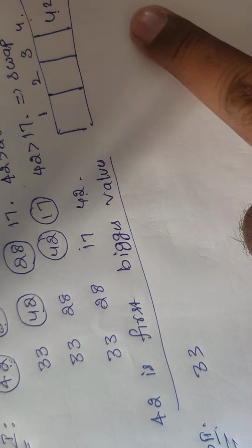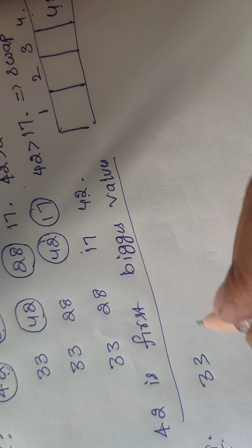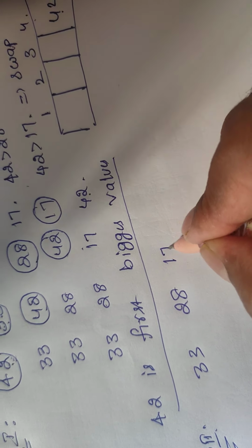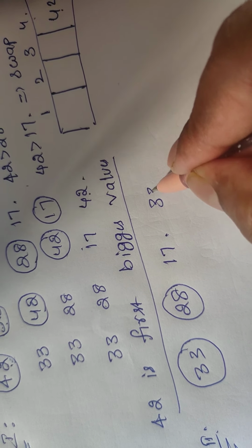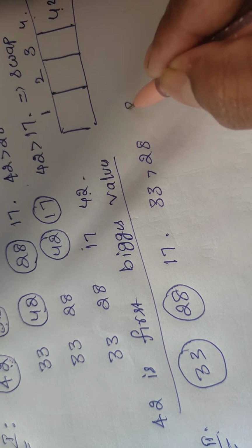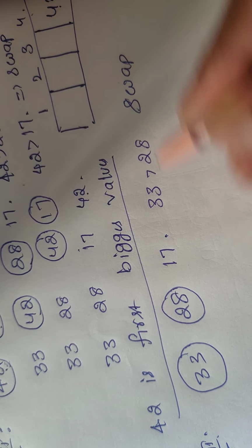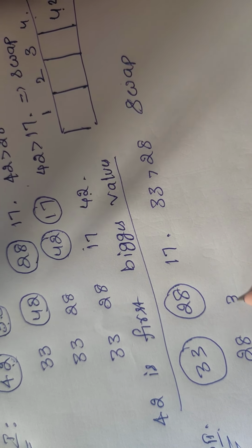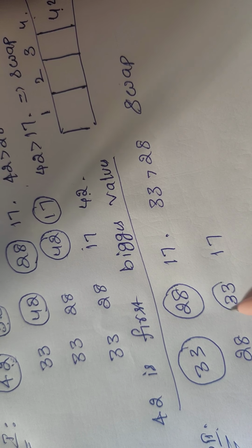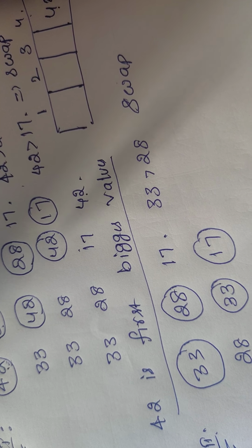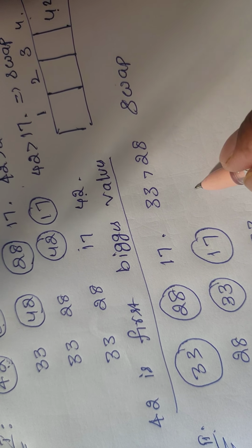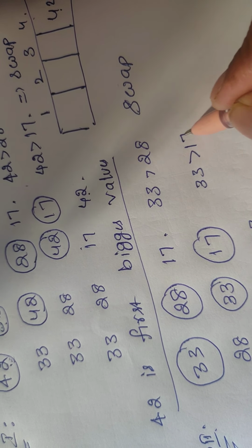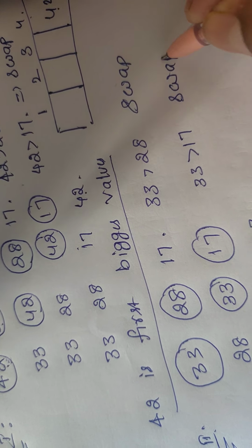In step 2 we consider only 33, 28, 17. Same process: 33 is greater than 28, so we swap, giving 28, 33, 17. Once again 33 and 17: 33 is also greater than 17, so we swap, giving 28, 17, 33.